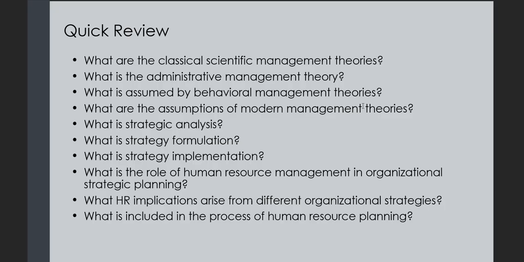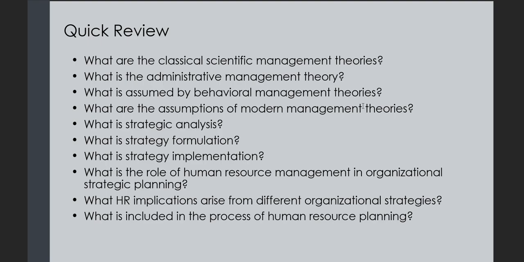The role of human resource management in organizational strategic planning: we know HR plays an instrumental role in both developing and implementing strategy, providing key insight into human capital risks and opportunities.